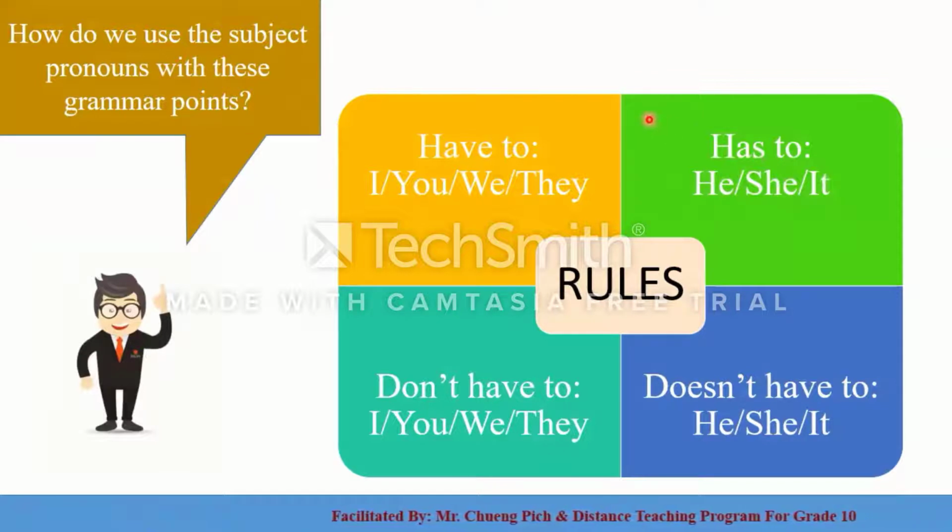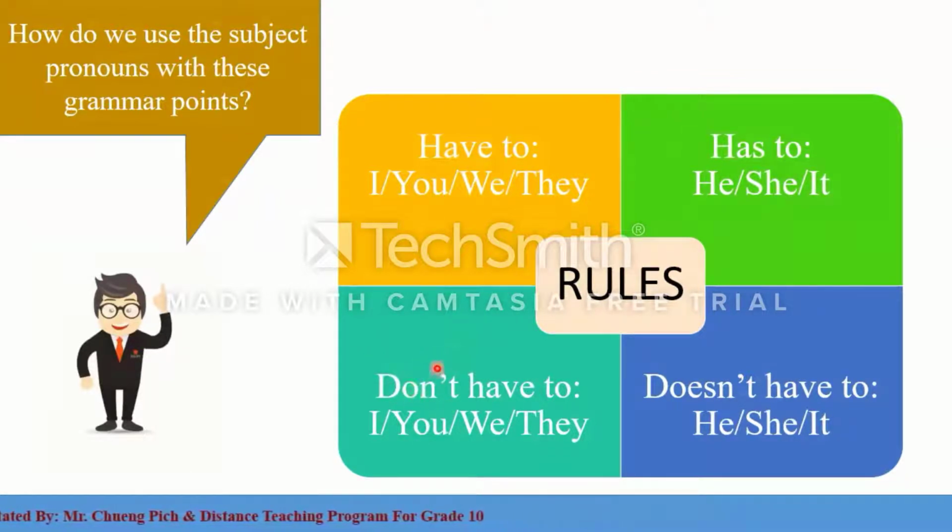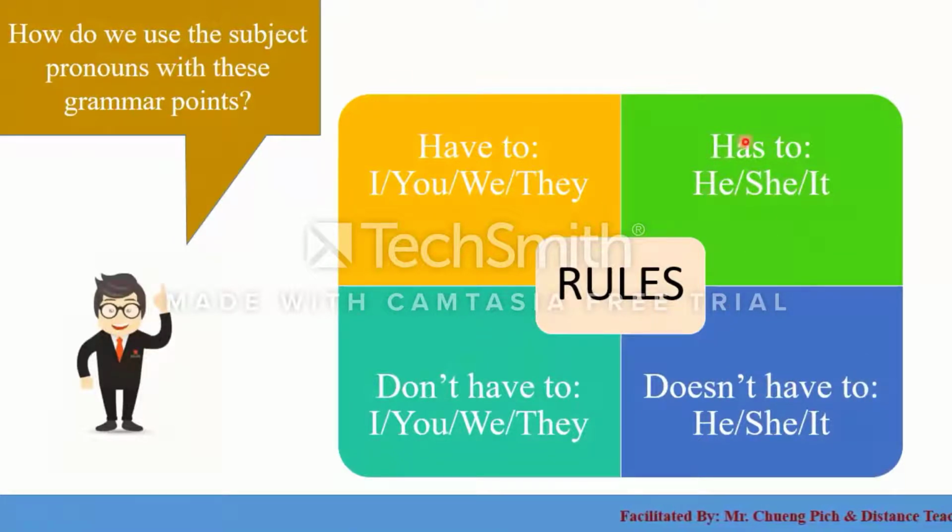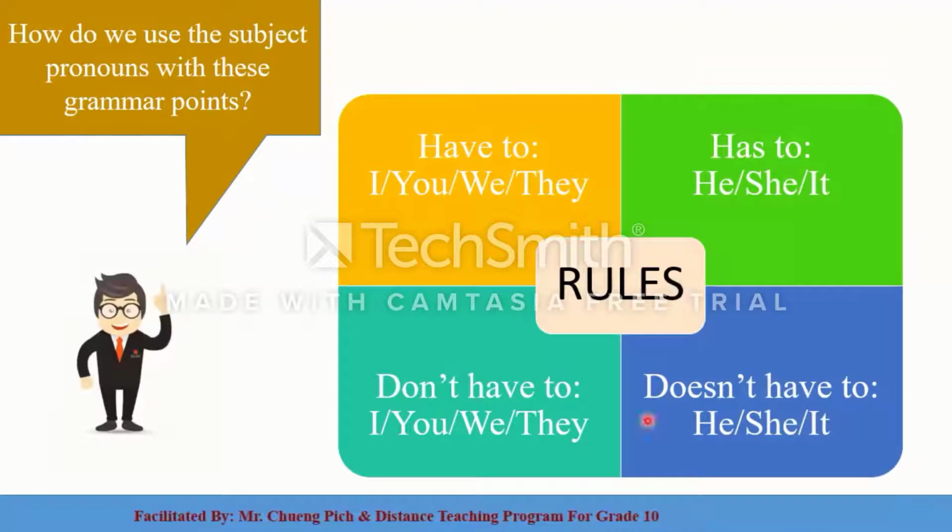And one more thing, for the negative form, don't have to is the same as have to: you use I, you, we, they. And doesn't have to is also the same as has to. The subject pronouns you have to use are he, she, and it. Yeah, so here are the rules.